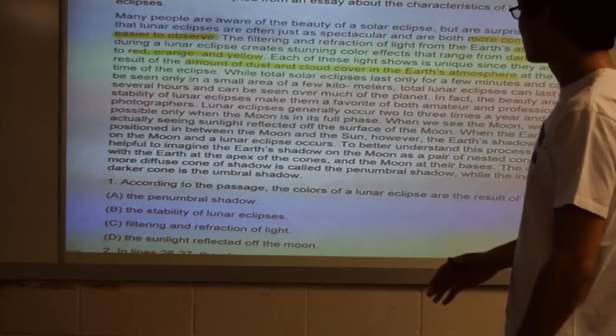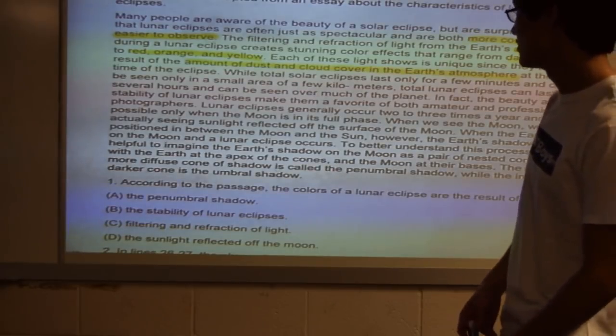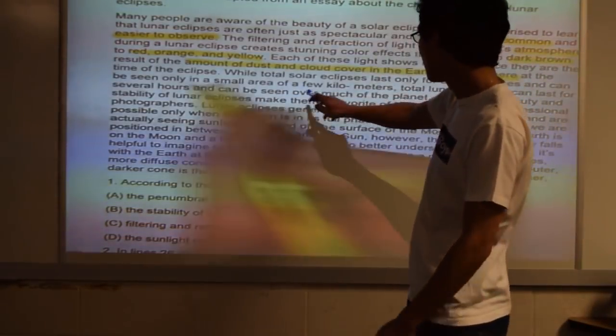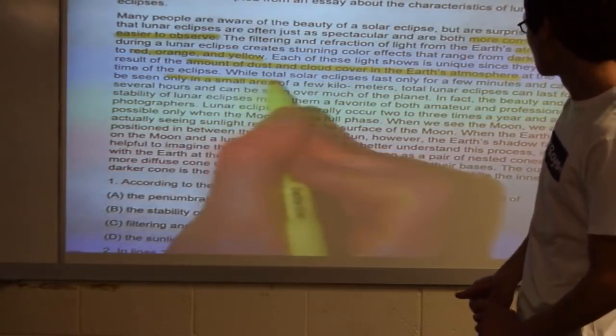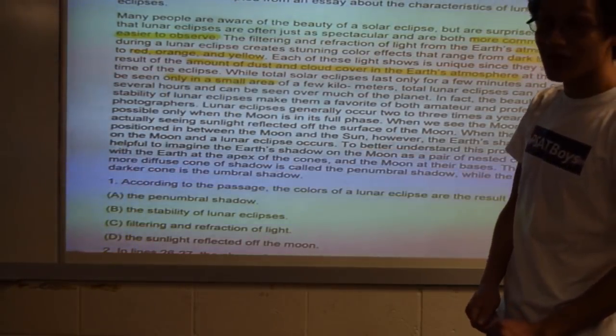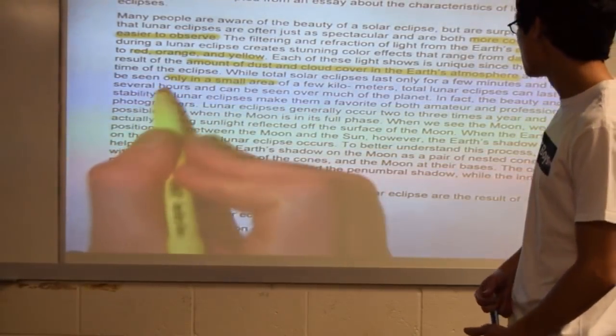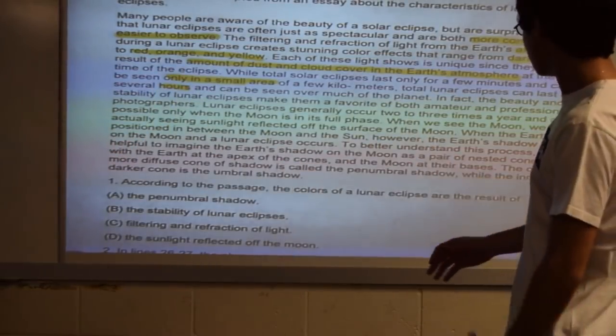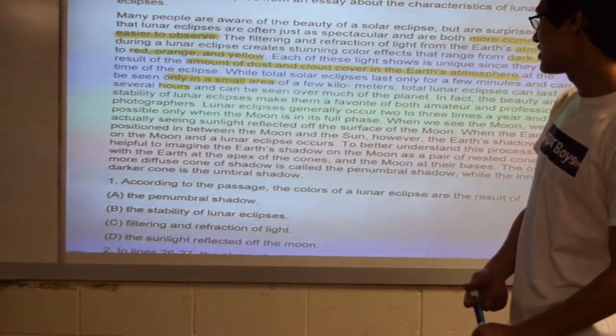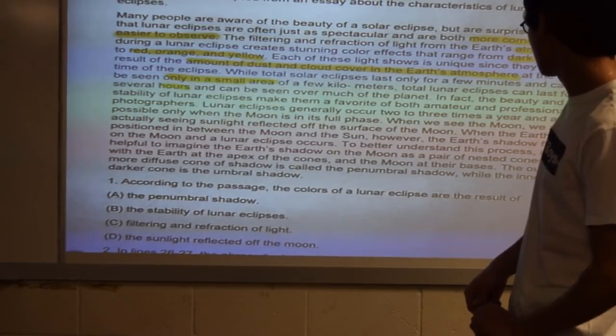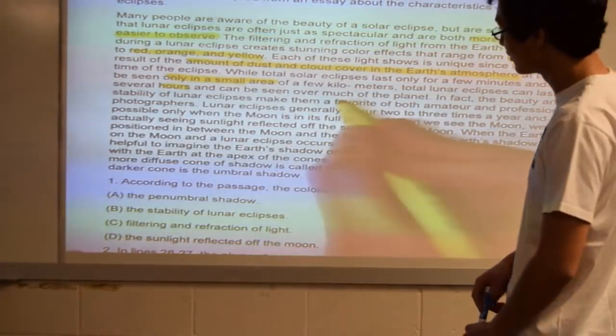While total solar eclipses last only for a few minutes and can be seen in only a small area of a few kilometers, total lunar eclipses can last for several hours and can be seen over much of the planet. In fact, the beauty and stability of lunar eclipses make them a favorite of both amateur and professional photographers.